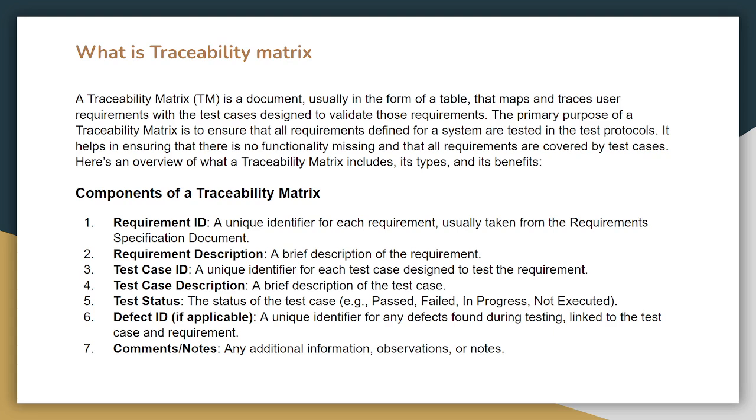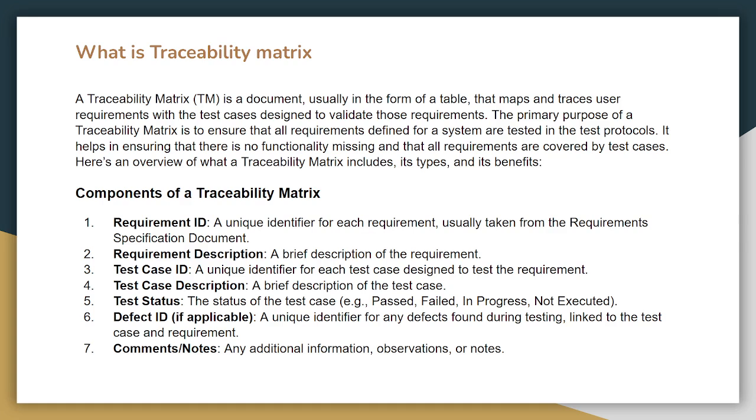Test status, the status of the test case, like passed, failed, in progress, or not executed. Defect ID, a unique identifier for any defects found during testing, linked to the test case and requirement, and finally comments and notes, any additional information, observations, or notes. So we should mention these things in the traceability matrix document.